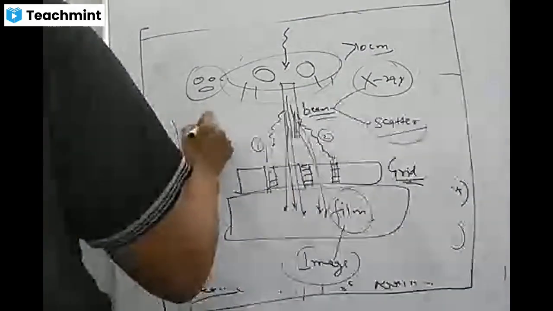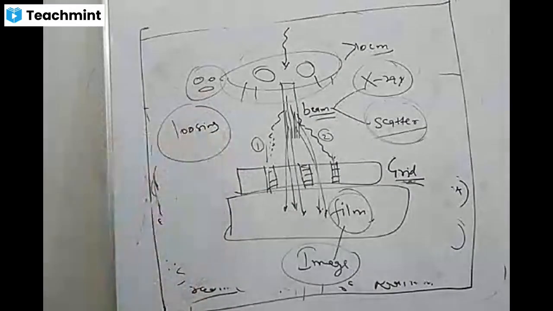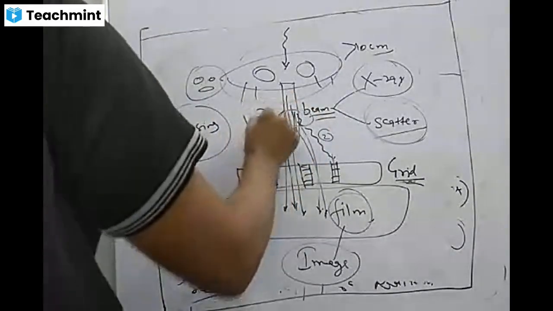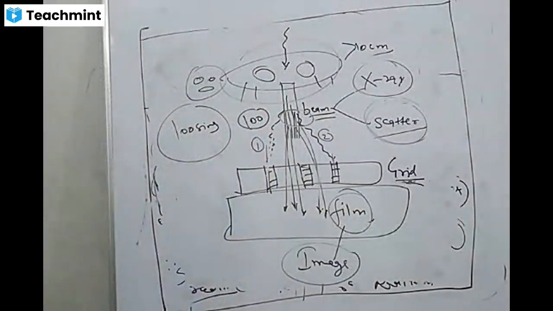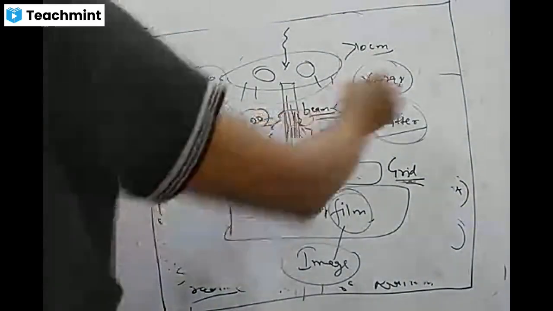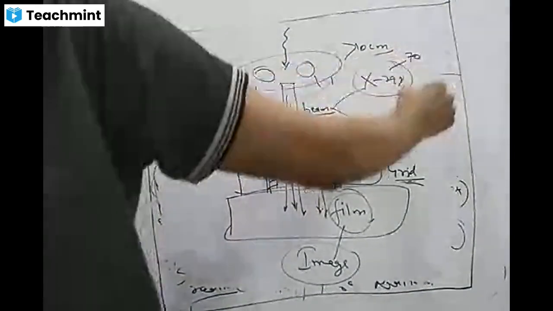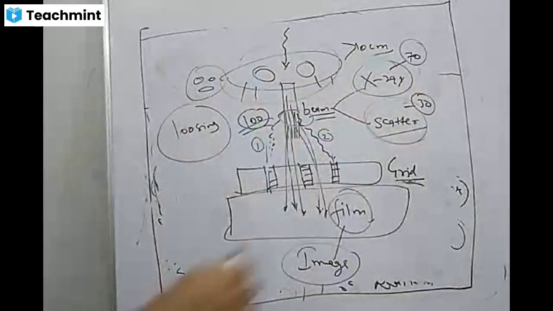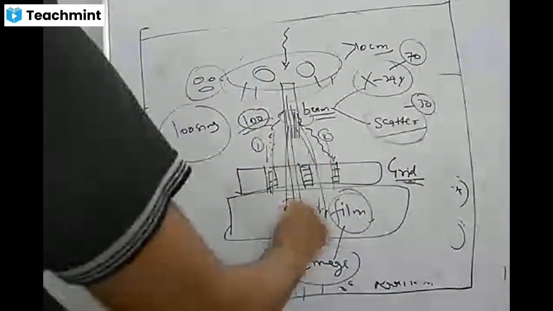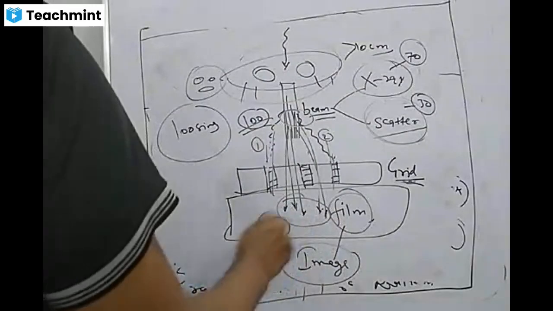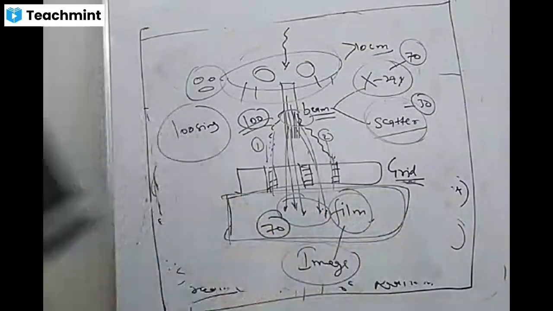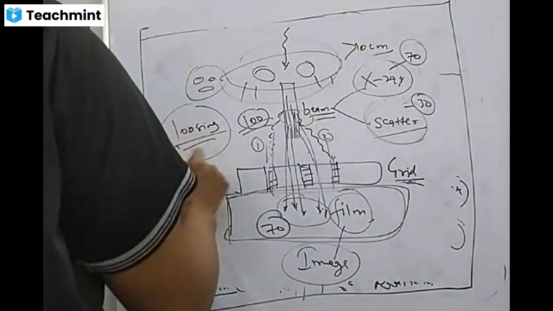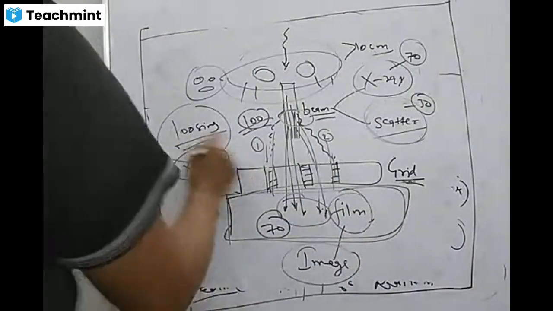So this we want. But in this way, we are losing something. Suppose the beam is having 100 radiations. Out of 100, suppose 70 are X-rays and 30 are scatter. We absorb 30 and just allow 70 to fall on the film. So we are losing some of the X-rays.